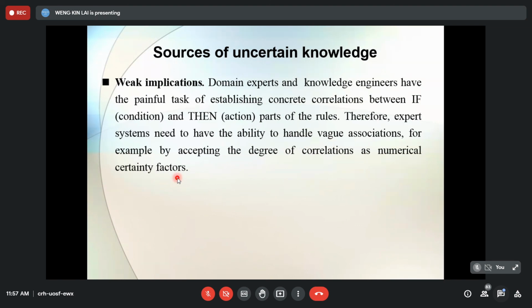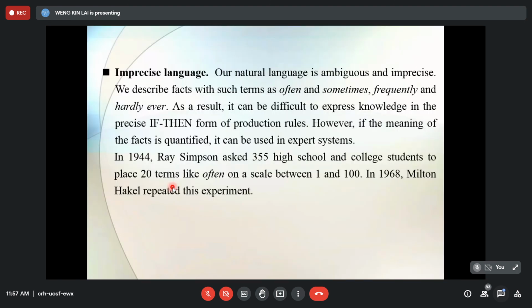What is that probability? It is 100%. There's no certainty factor, no probability attached to that. It's always one. Back to your Boolean logic. But now we're seeing that there's a degree of correlation. There's a certainty factor, which we will explain more in the next few slides.